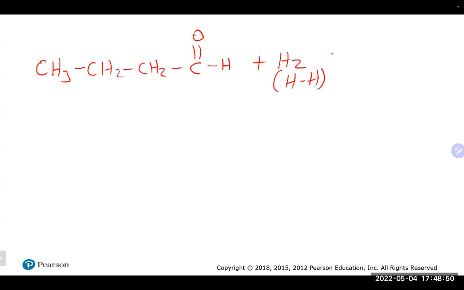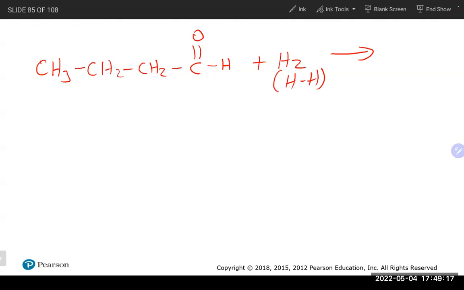That is the definition of reduction, basically the addition of H2. So if you remember, the oxidation step was we took off the 2 hydrogens, right? We took off the hydrogen from the oxygen, and we took off the hydrogen from the carbon that was attached to the oxygen. So when we do the reduction, which is basically the reverse of that reaction, it's the exact same thing that happens.